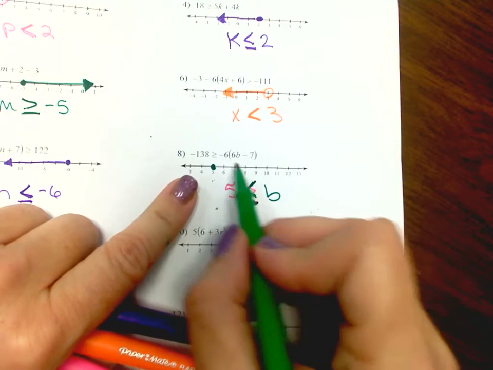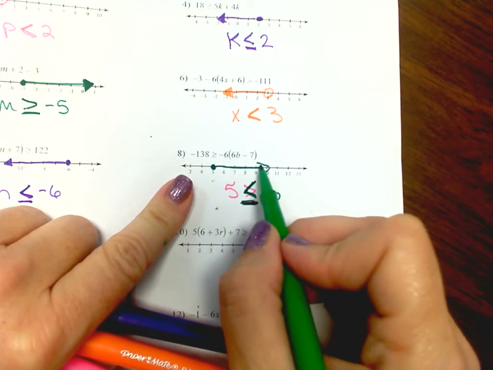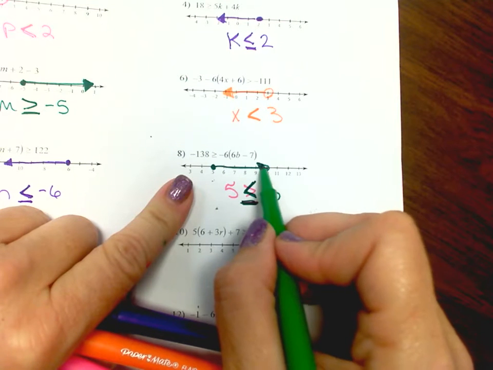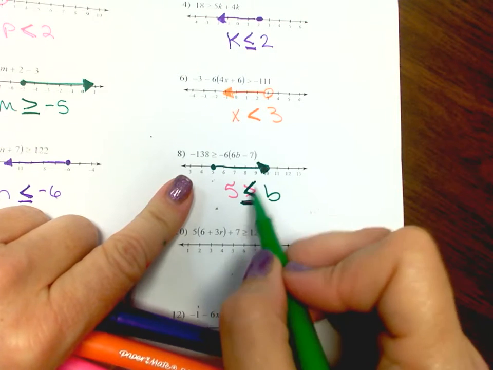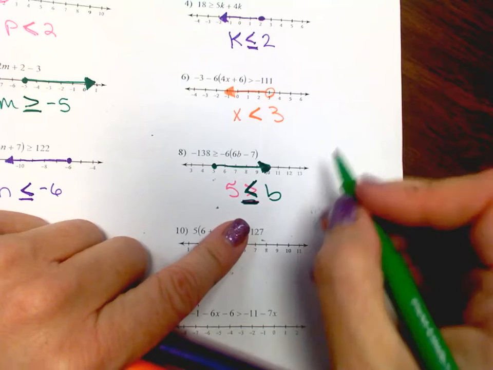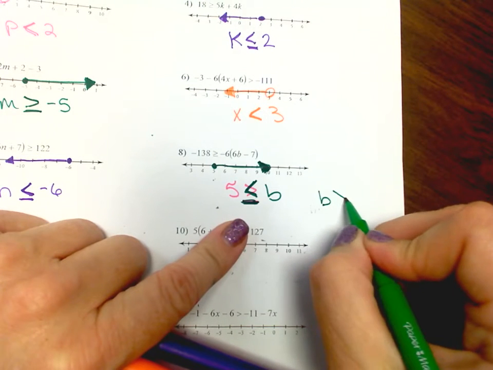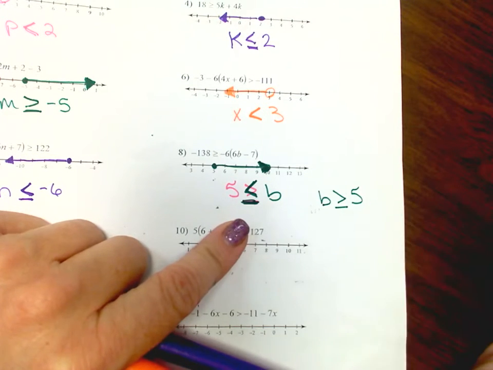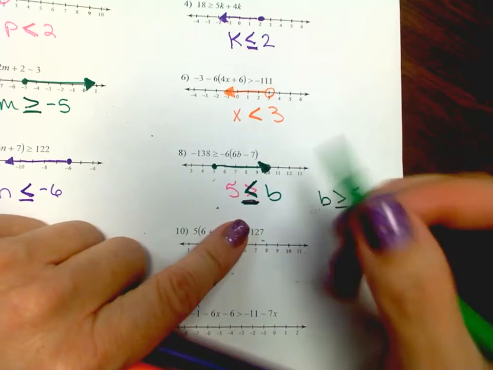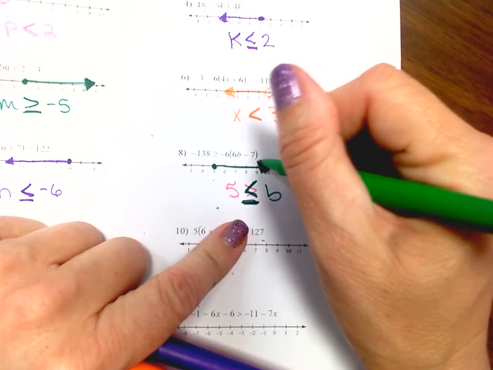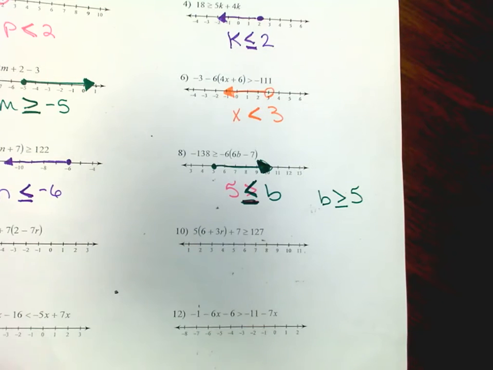No. So you know it's going to go this way. But because my variable is not on the left-hand side, it's not going to go the direction of the inequality. But I can flip it all and do b is greater than or equal to 5. I just didn't flip it. So this one I just kind of messed up on. Sorry, just getting in a hurry. But there you go. It's that easy to make mistakes.